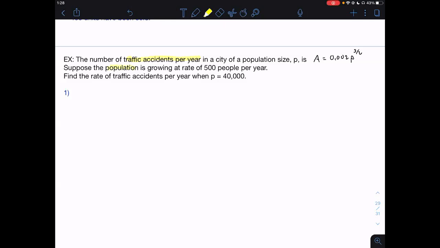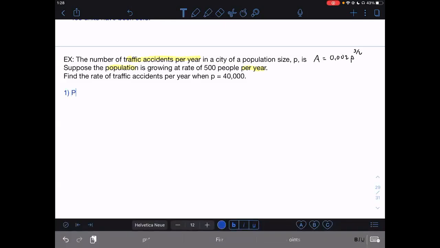The population as well, population per year. So those are our 2 variables: the population per year, that's dP/dt, and accidents per year, call it dA/dt.